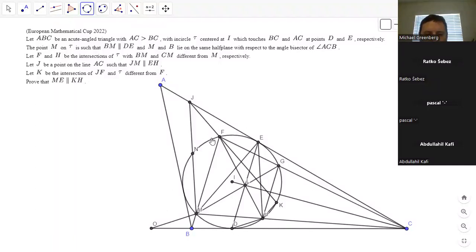Oh, that's right. So we start with that. That is true, right? Yes, because this is parallel to this, and this is parallel to this. So we start by saying those are homothetic. If those are homothetic, then because it takes H to M, by symmetry it has to take G to F, because everything's symmetric about the angle bisector, right?